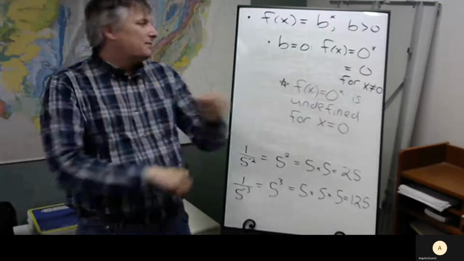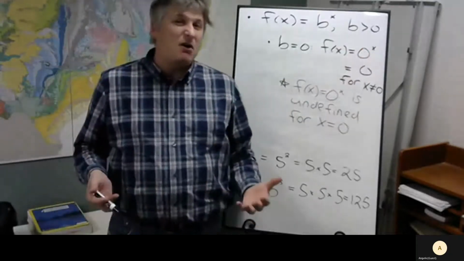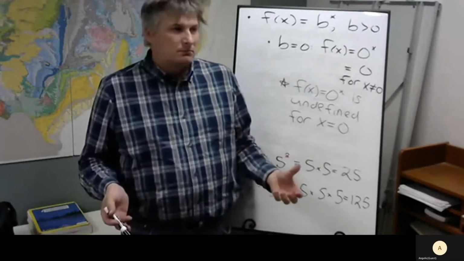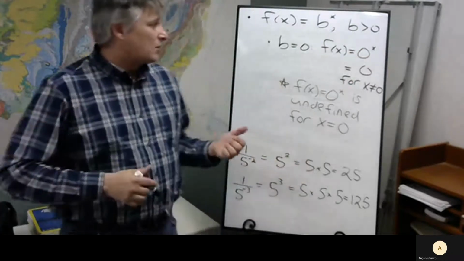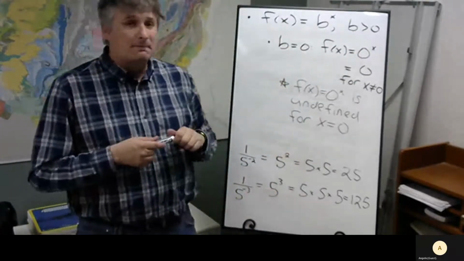So what's happening here? If you take 0 and give it an exponent, like 0 to the second power, that's 0 squared, or 0 times 0, which is just 0. Or 0 to the third power, same thing.